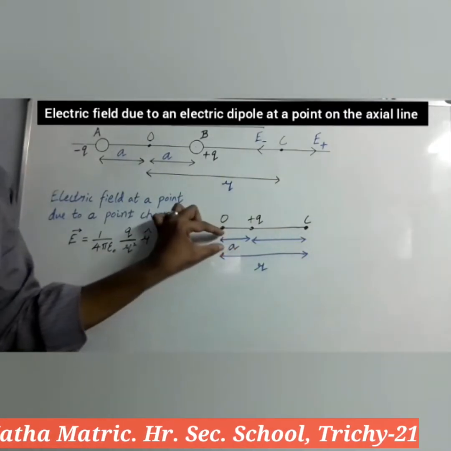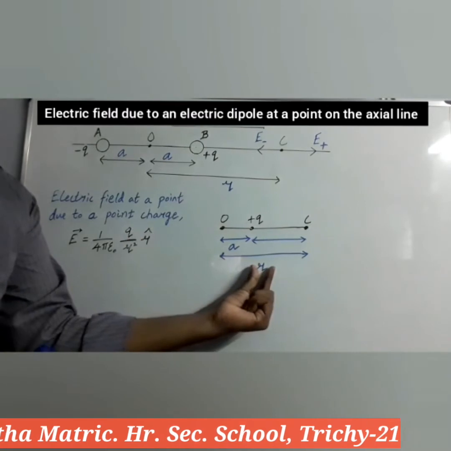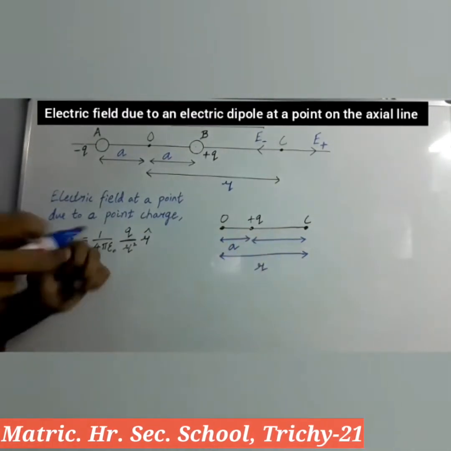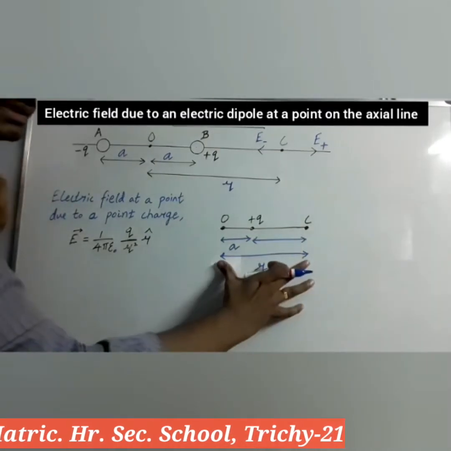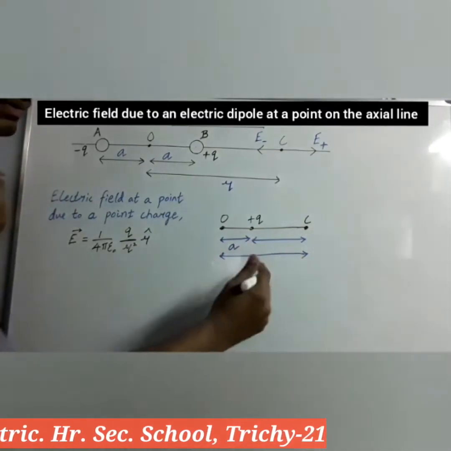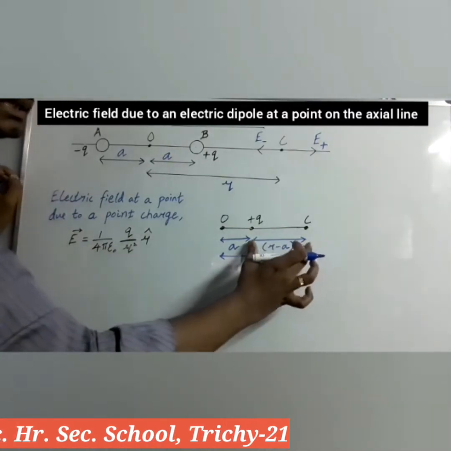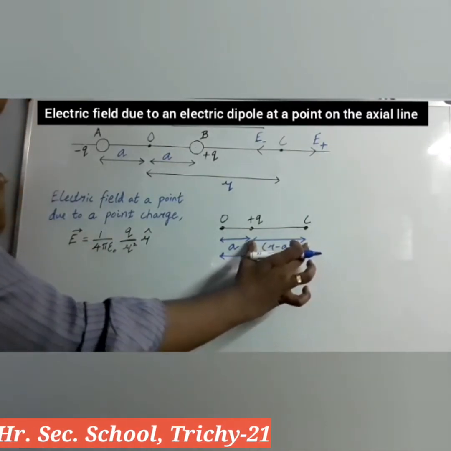This small distance a has to be subtracted from this distance r. Then you can get the distance between the positive charge and point C. So from this distance r, you subtract this value, and you get r minus a. That's nothing but the distance between the positive charge and the point C.